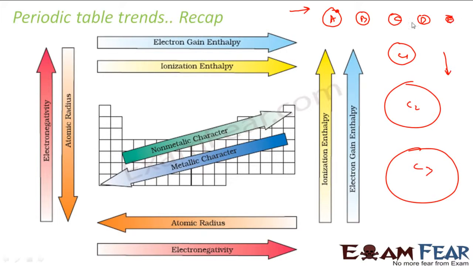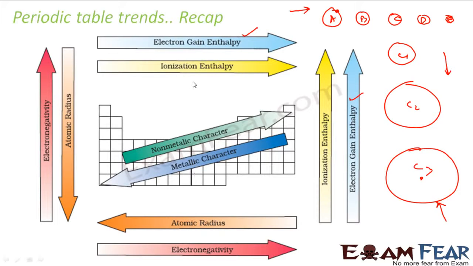So electron gain enthalpy will increase as you go from here to here. Similarly, if you go down the group, the atomic size increases, so it's difficult for C3 to pull an electron, but easy for C to pull an electron. So the electron gain enthalpy is more here, less here. So if you go up, it increases.